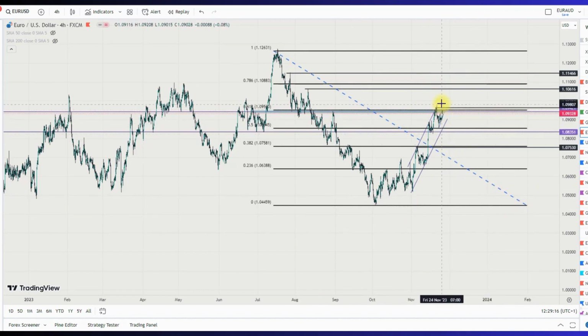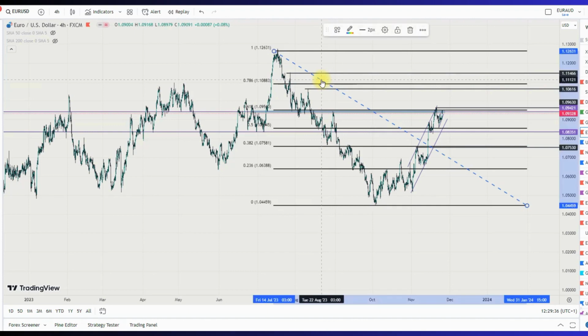But if price breaks through that 61.8, it means we are going to buy Euro USD next week to 1.10616. But if price remains below that 61.8 Fibonacci retracement level, then we are going to sell Euro US dollar next week.